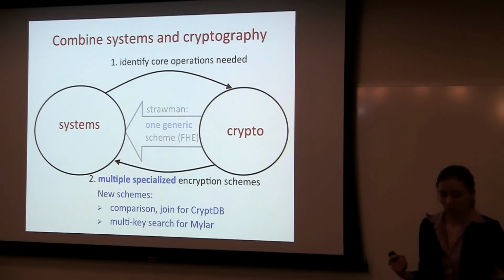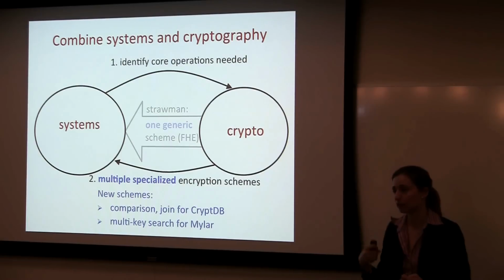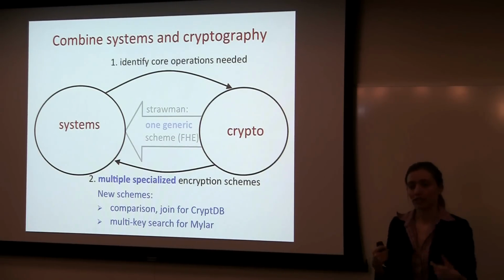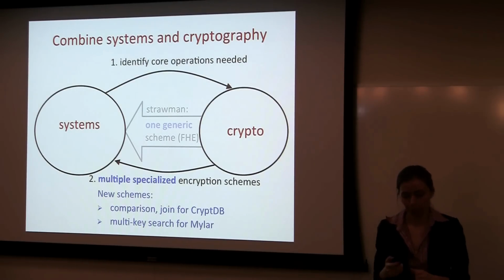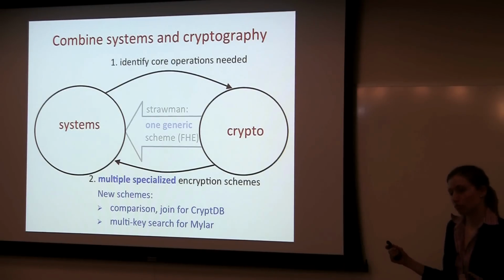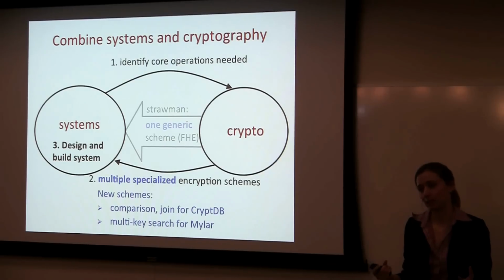So we came up with comparison and join encryption schemes for a system called CryptDB that Phil mentioned, and a multi-key search scheme for a system called Mylar that I'm going to talk about more later in the talk. So now that you have these encryption schemes that are reasonably efficient, the last step is to design and build a system.